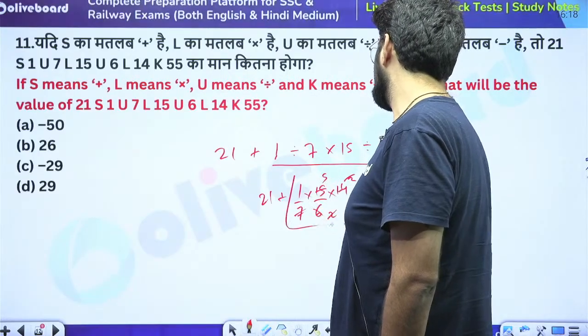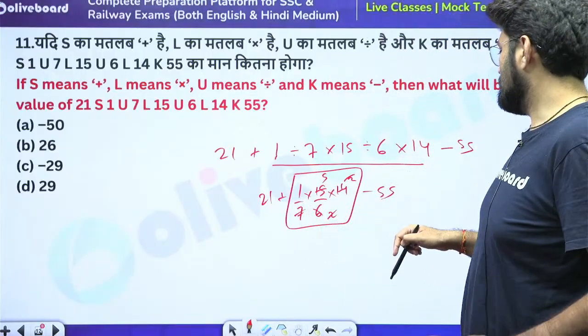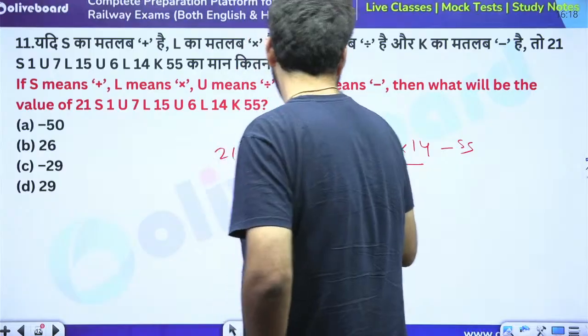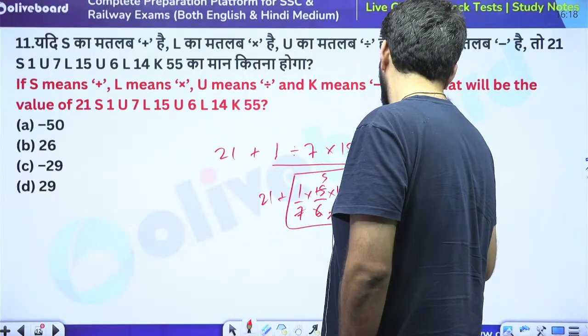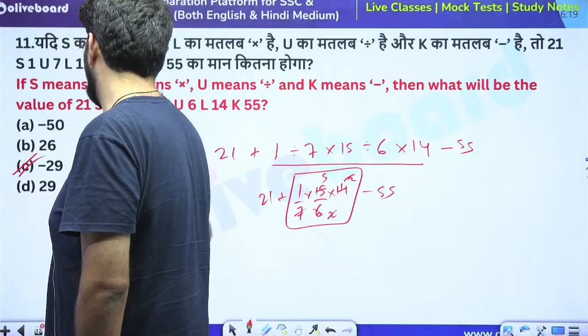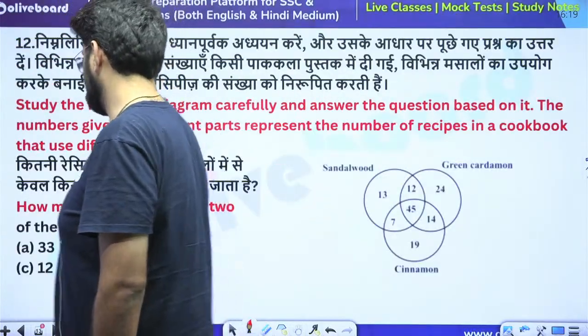So this is 5. 21 plus 5 is 26. 26 minus 55. So minus 29. Yes, option C is the right answer. This is a good question. Finally, without any typo, we got a good question. Next.